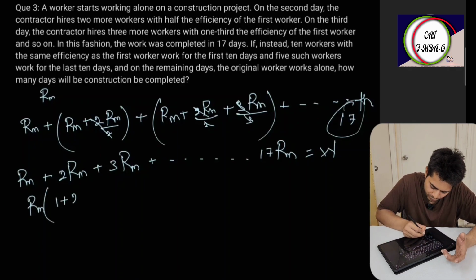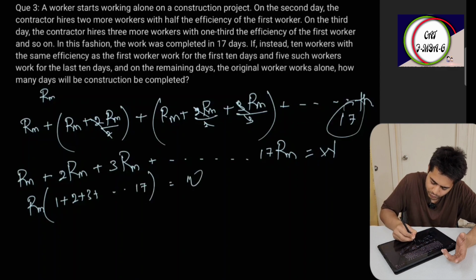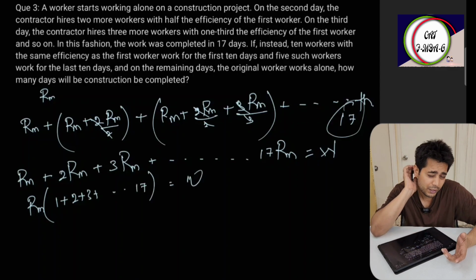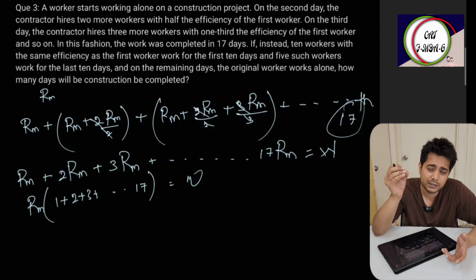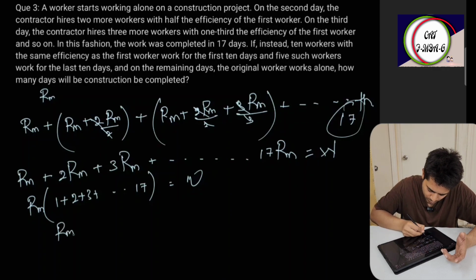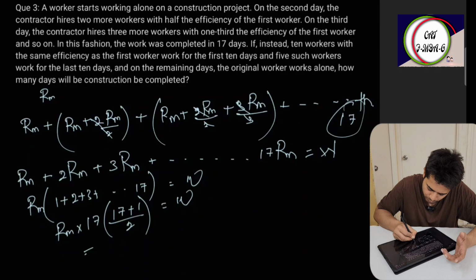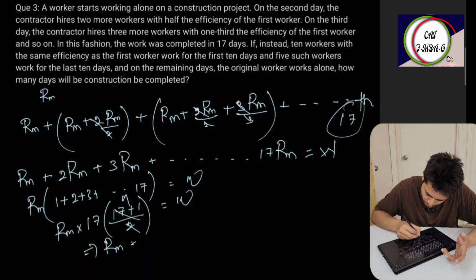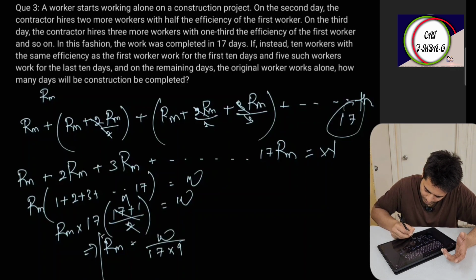So RM into 1 plus 2 plus 3 up to 17 is equal to W. Now 1 plus 2 plus 3 up to n is n into n plus 1 by 2. So RM into 17 into 18 by 2 is equal to W. That implies RM is equal to W by 17 into 9.